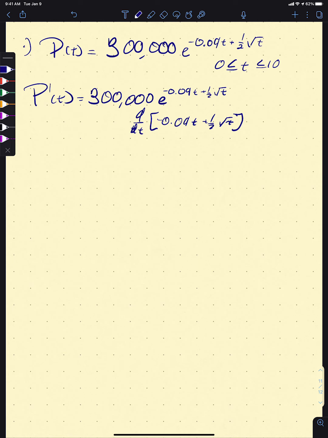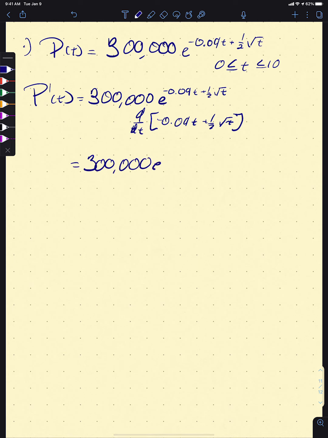Well, we know how to take those derivatives. We copy the stuff that doesn't change, e to the minus 0.09 t plus 1/2 the square root of t. If we move this over here, we can probably fit it onto a single line.